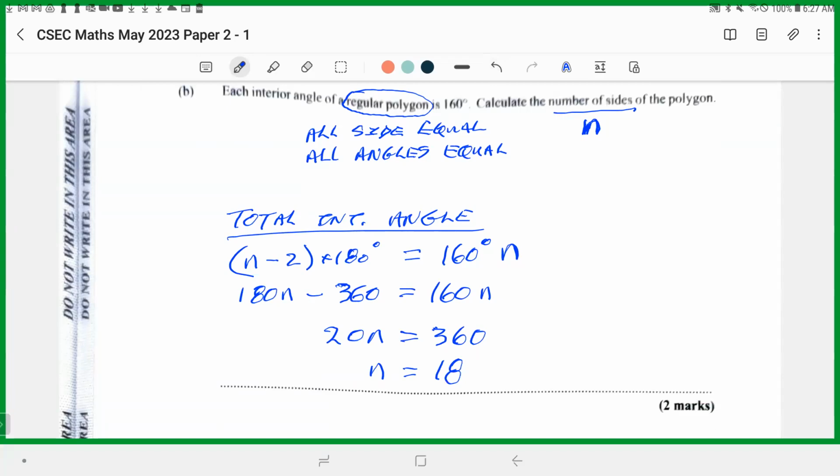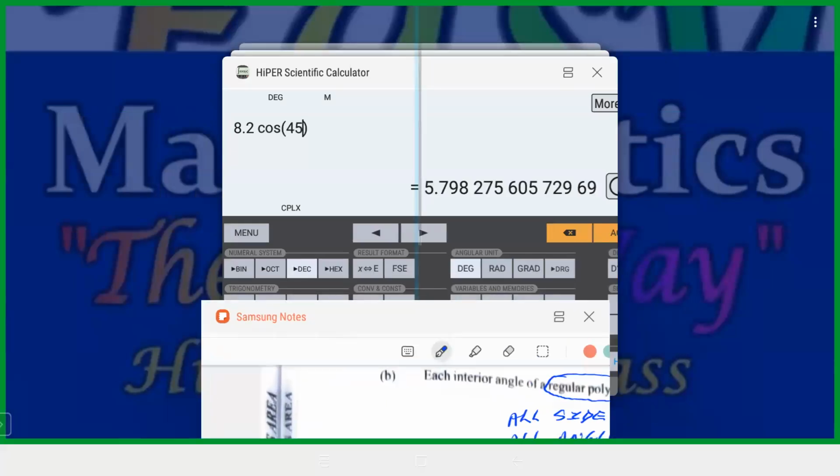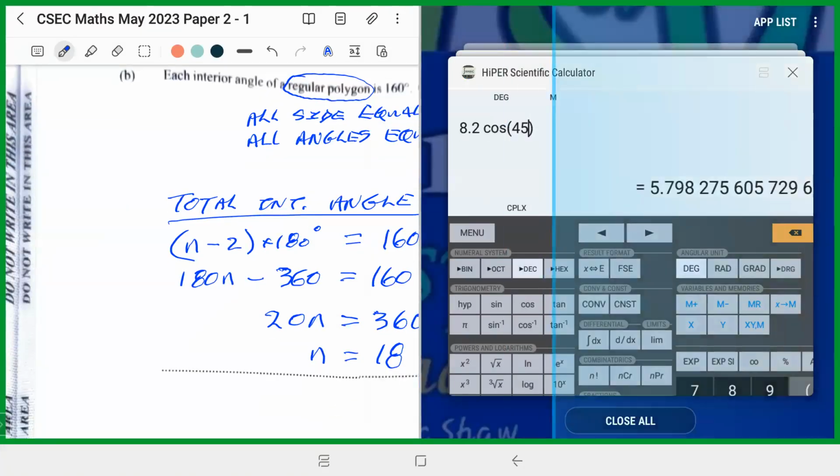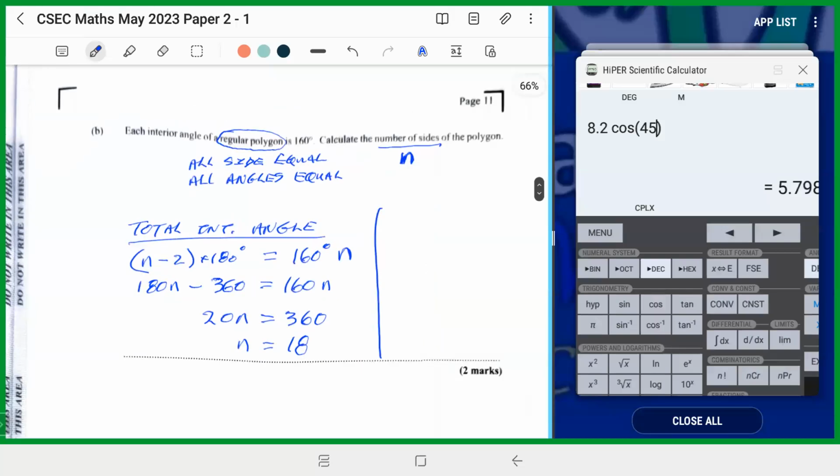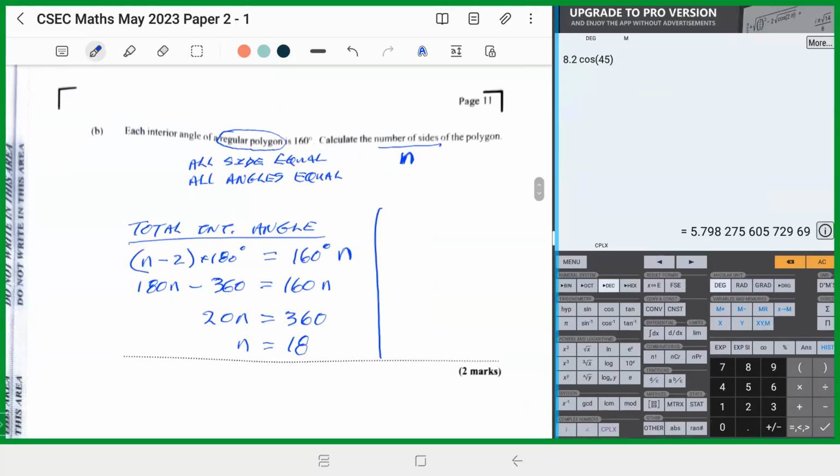Let's do a quick double check right here, just making sure we get the right answer. If it's 18, then the total interior angle would be 18 minus 2, which is 16, times 180. 16 times 180 is 2880.